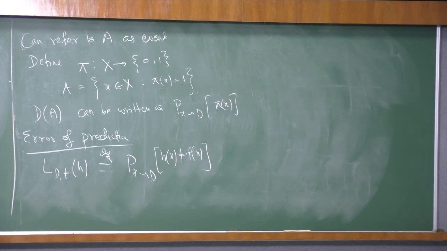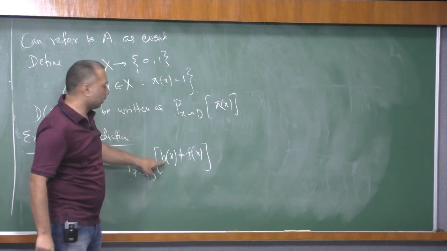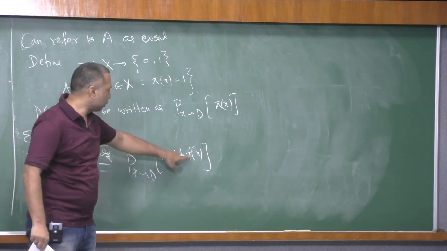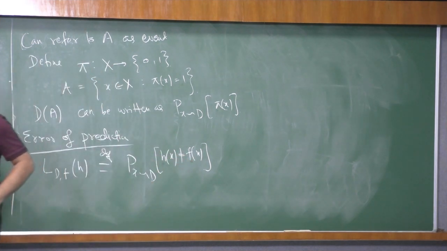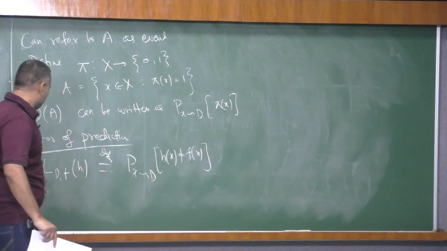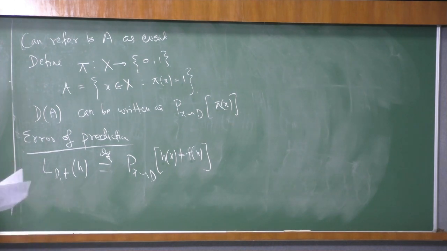We are defining an error as the probability that the prediction rule that we learned, h, is not equal to the labeling function f. That exactly is the error, right? Our prediction rule is not matching the correct label. So we define the loss function like that, L_{D,f}(h).